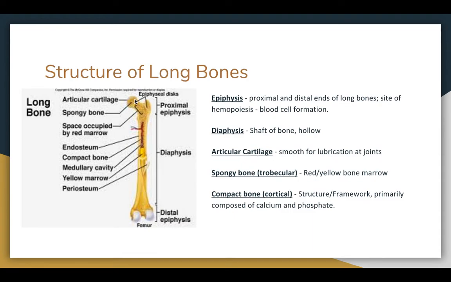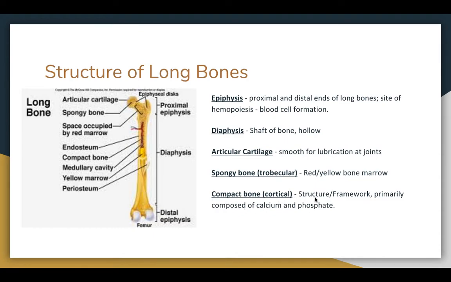Next we see spongy bone. Spongy bone found up here in this proximal end of this long bone right here. Spongy bone is also called the trabecular, and it's where your red and yellow bone marrow is found. Compact bone is the real hard cortical bone.